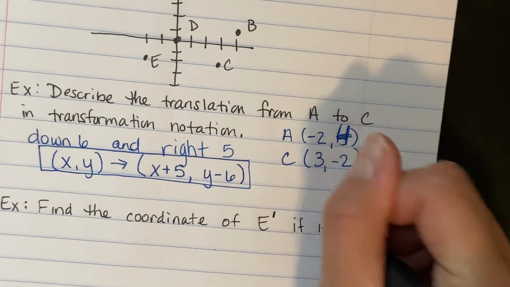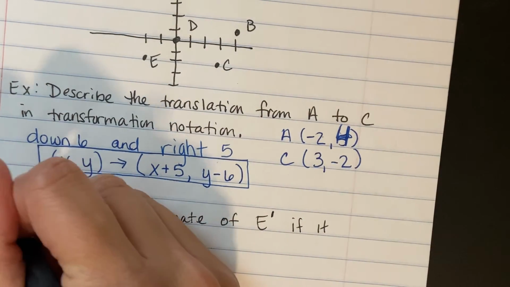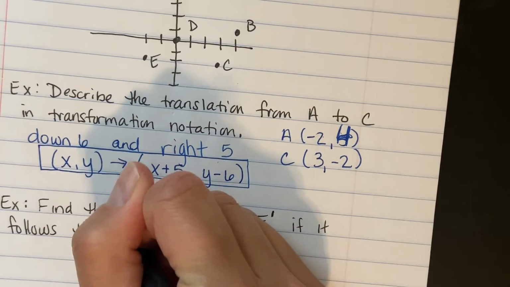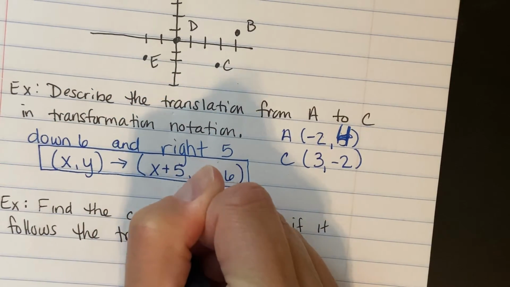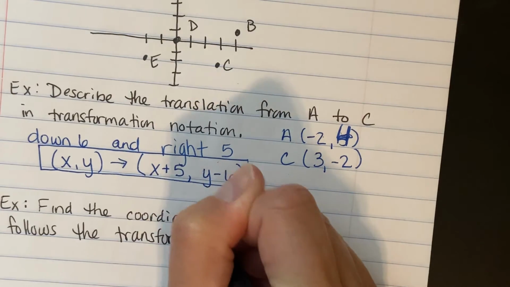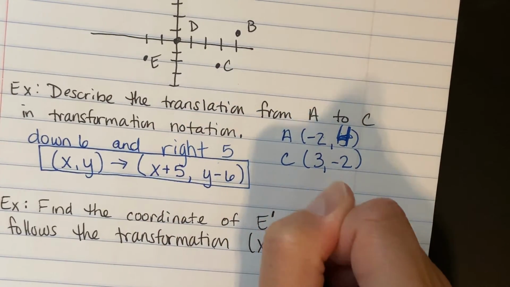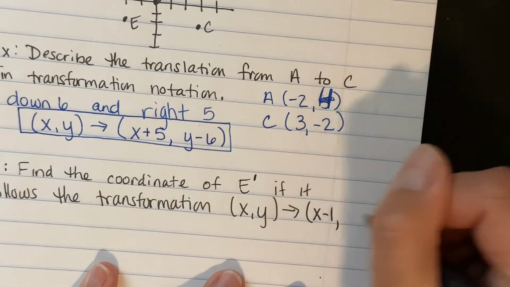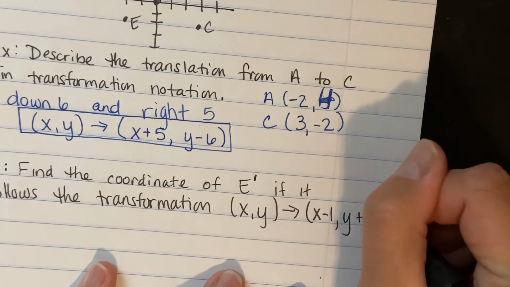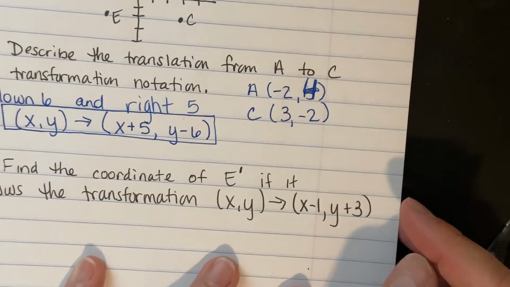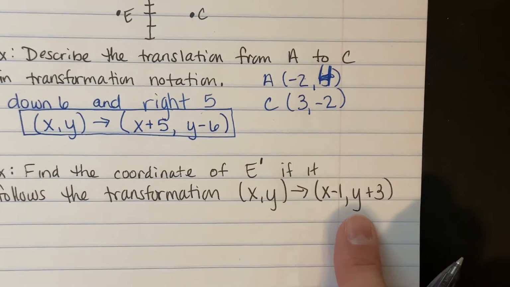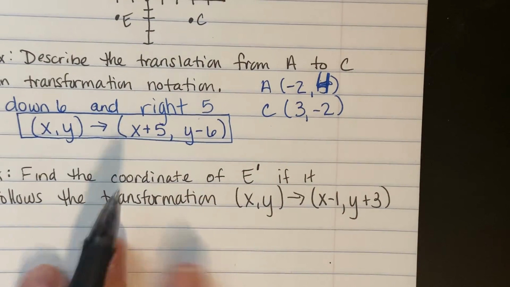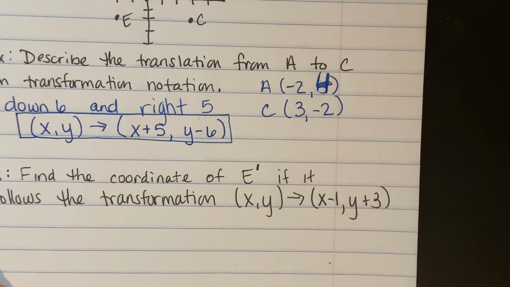If it follows the transformation (x, y) to (x - 1, y + 3). So now they're giving us the transformation notation. They want us to take E. Once you finish this, pause it if you need to, okay? I don't want to go too fast.